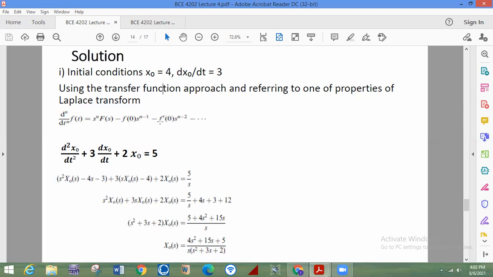Then this is the first derivative, but in this case we are taking the initial condition of the first derivative as 3. Remember, we already got 1 from this expression, and now it will be 1 times the 3, so it will be minus 3. So we have successfully applied this property in this term.